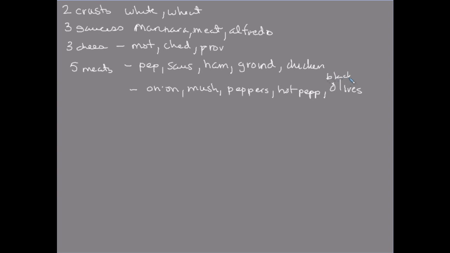So we'll do black olives, green olives, tomatoes, pineapple, because some people like that on their pizza, pepperoncinis. Onions, mushrooms, peppers, hot peppers, black or green olives, tomatoes, pineapple. Well, we'll go with that. So that's 1, 2, 3, 4, 5, 6, 7, 8, 9 possible vegetables. Now, making a tree diagram with all of this information can be very time consuming.